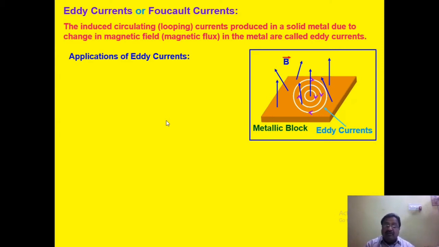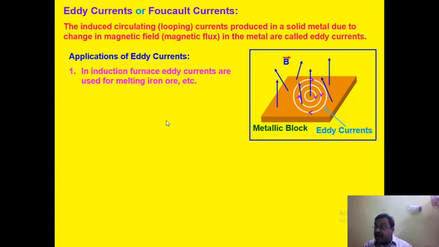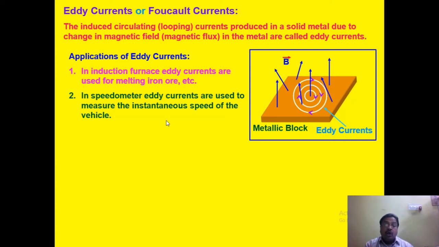So what are the different applications of this eddy current? First, it is used in an induction furnace for melting iron. Number two, in speedometers, eddy currents are used to measure the instantaneous speed of the vehicle.